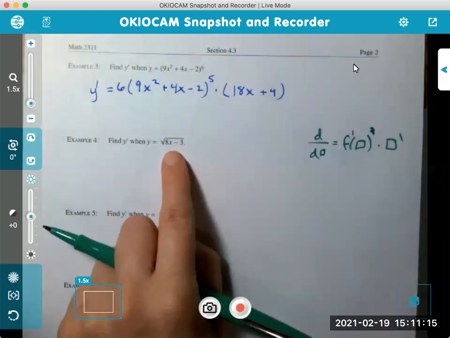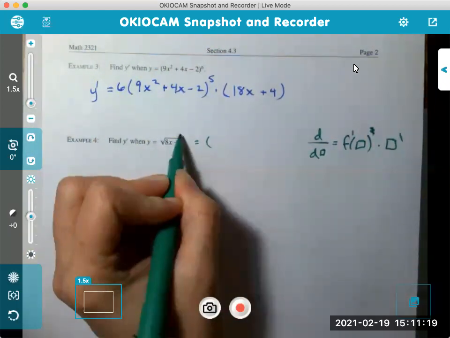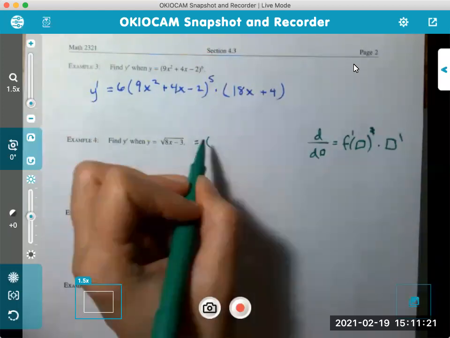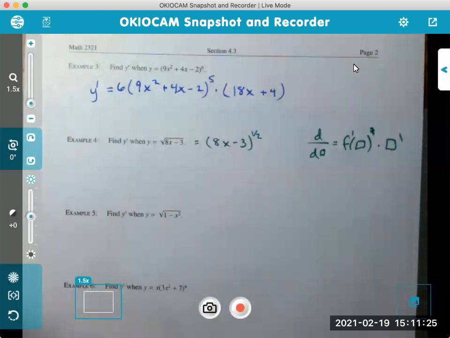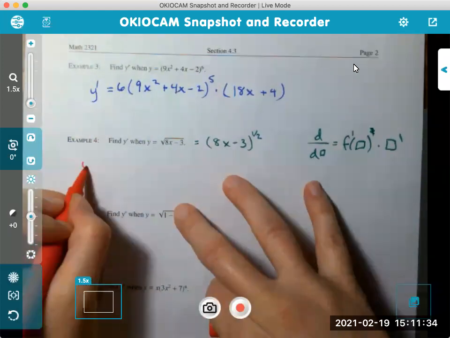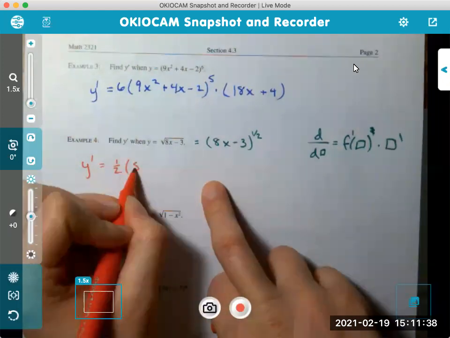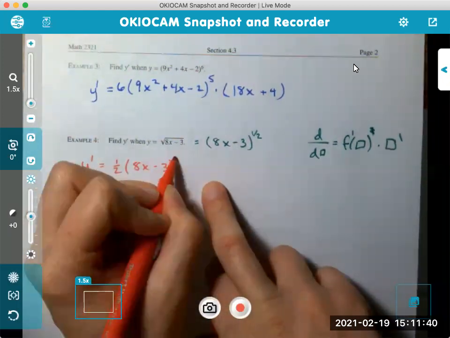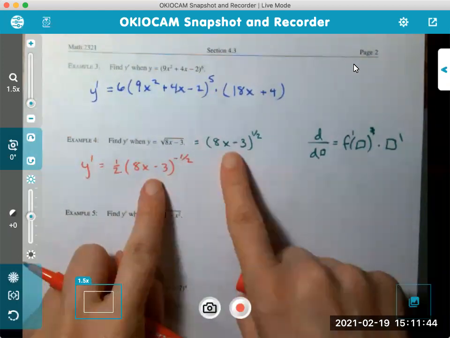For problem 4, again, I recommend that you trade this root for an exponential, like so. So read it that this is (8x minus 3) to the 1/2. So now when you take the derivative, remember you deal with the power first, repeat the inside. So that's the first step. Notice my inside did not change.